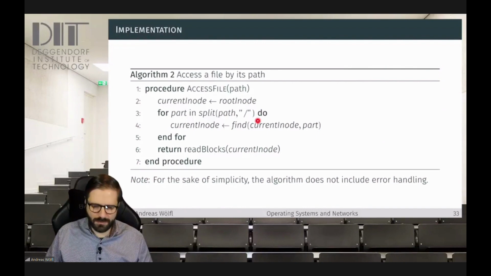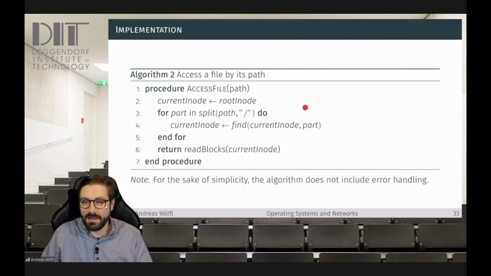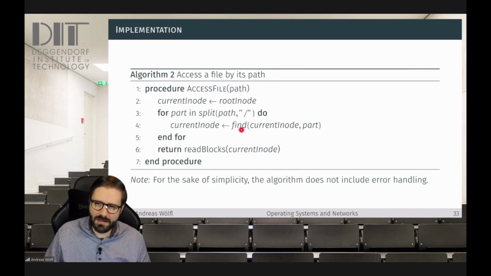So in our example, the first part would be home. So in the current inode that is initialized using the root inode, so in the root directory, we search for the inode for the directory home. We find this in the root directory because the root directory contains the home directory. And what we get back is the inode of the home directory.